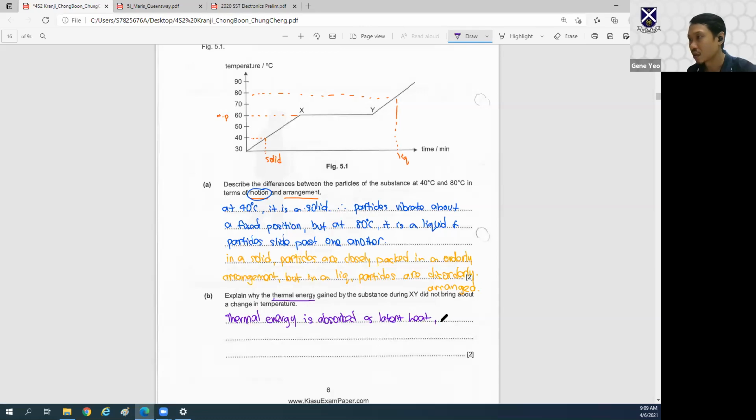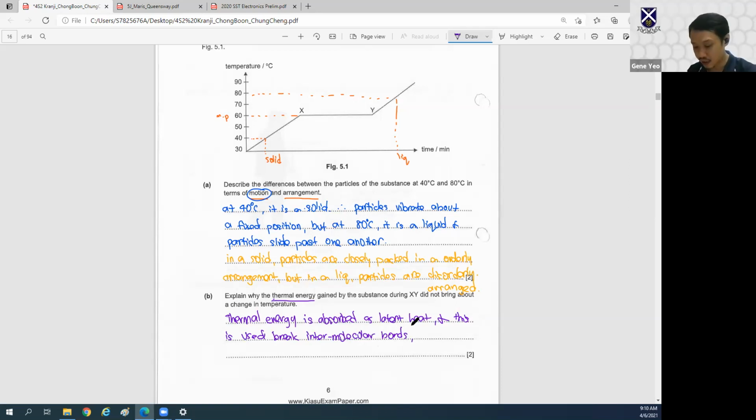Okay. And this is used to break intermolecular bonds. Okay, so that's the first part I was talking about.